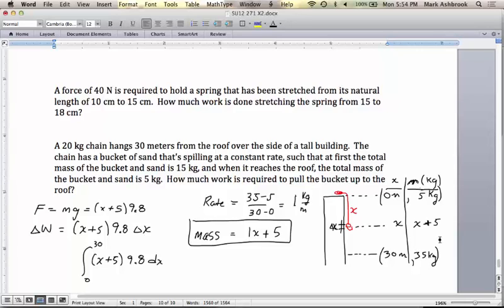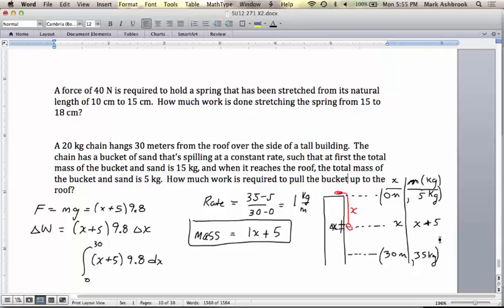And since this is spilling out at a constant rate, you can come up with a linear function, right? Given the distance that the chain is hanging, what's the current weight? So you need this current mass, the mass given a distance of x. It simplified out really nice. I didn't intend for the numbers to be that easy, but okay.